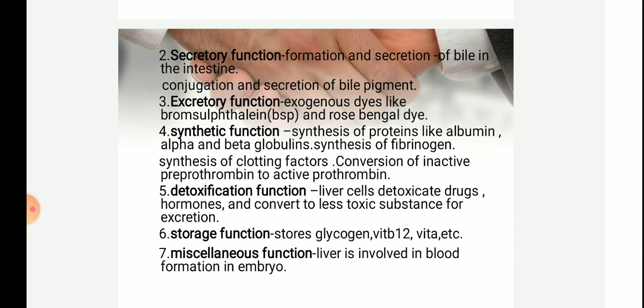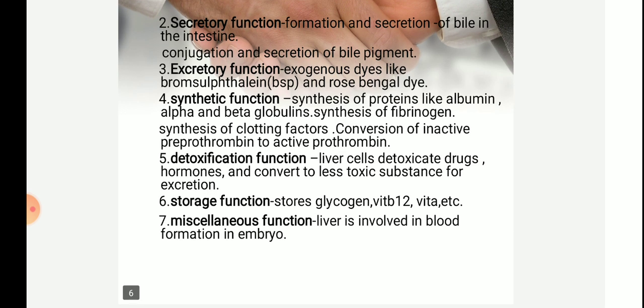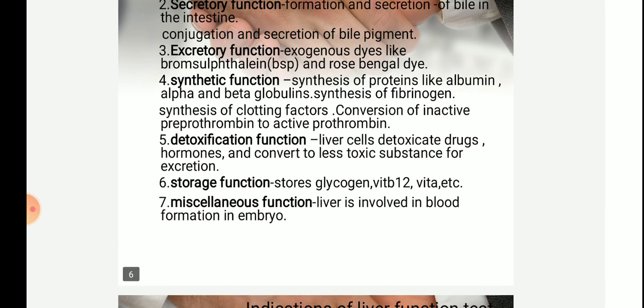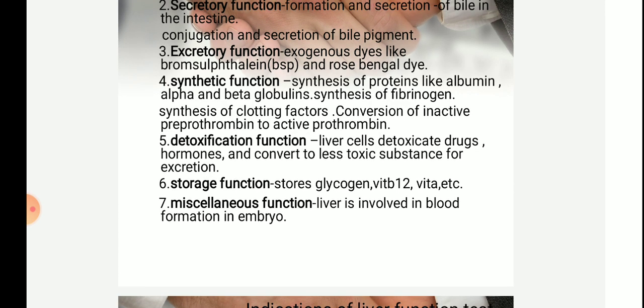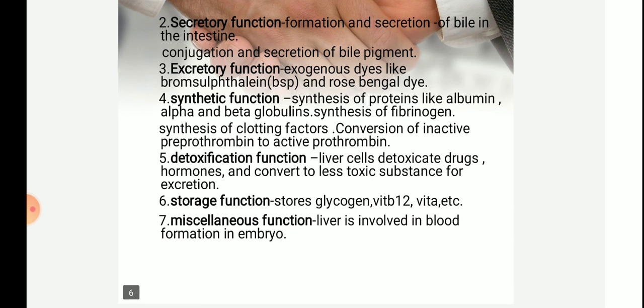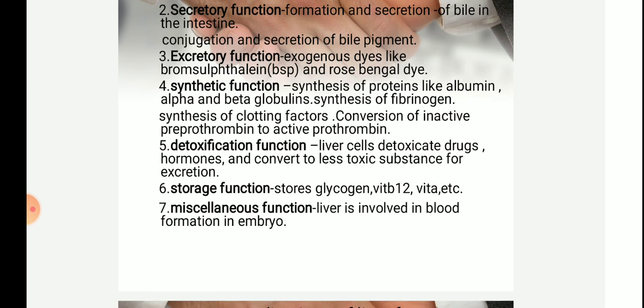Basically the secretory function: formation and secretion of bile into the intestine, the excretory functions, and the synthetic function, that is synthesis of proteins like albumin, alpha and beta globulin, synthesis of fibrinogen and clotting factors. All this you should be aware of. Then the detoxification function: it detoxifies drugs and hormones, converting them to less toxic substances for excretion.